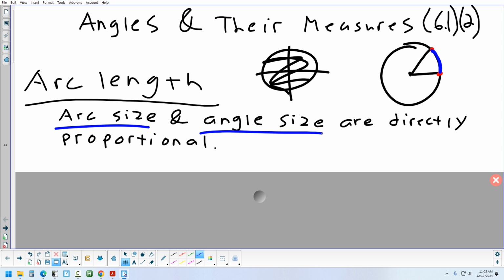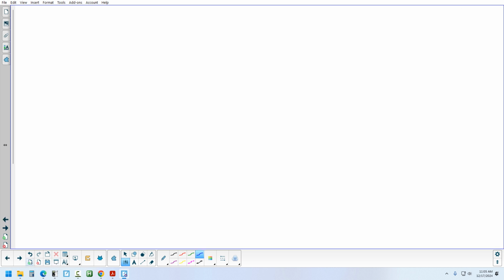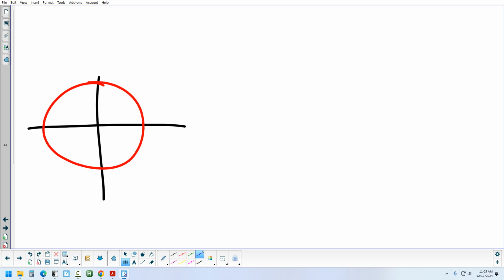So let me draw another picture, but let me do it a little differently. Let's say we had this picture. Here's an angle inside the circle. How big is the angle that I just drew? 90 degrees.